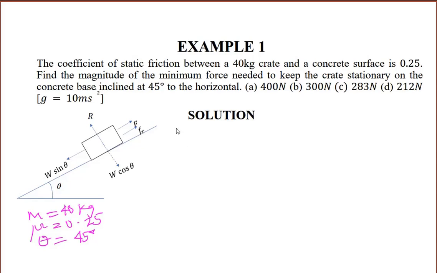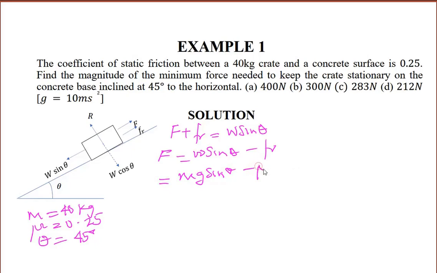So we can say that F plus frictional force is W sine theta. Now we are looking for F. So F is W sine theta minus frictional force. That will give me mg sine theta minus mu mg cos theta.